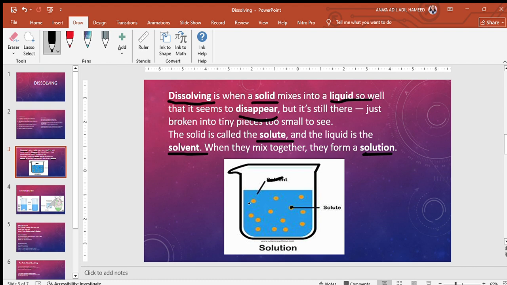Disappear means that something vanishes. A solute is, for example, sugar or a piece of salt. The solvent is the liquid, and the solution is when you mix all these things together.